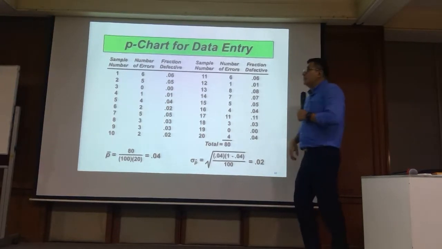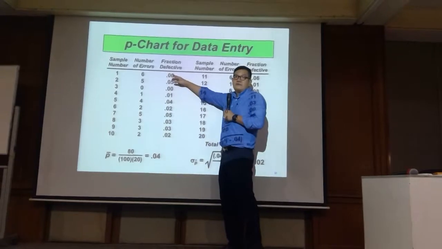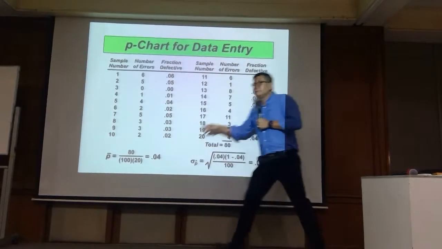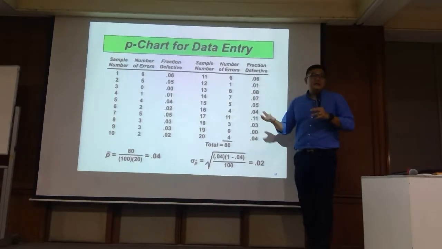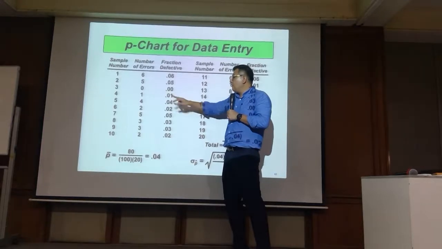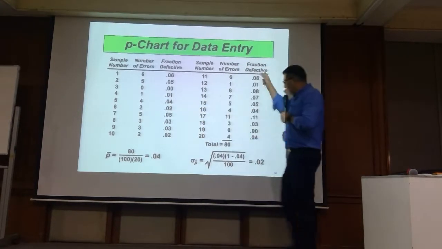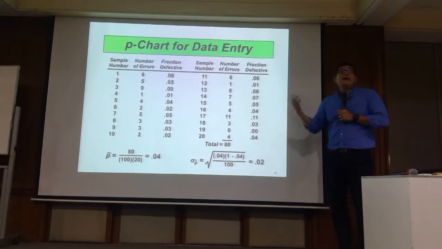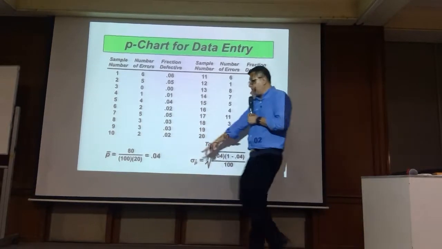The first way is to take the fractions that you plot for every hour, sum them together, and divide by 20. 0.06 plus 0.05 plus 0 plus 0.01 plus 0.04 and so on until the last 0.04, all divided by 20. You get P bar, which is equal to 0.04.